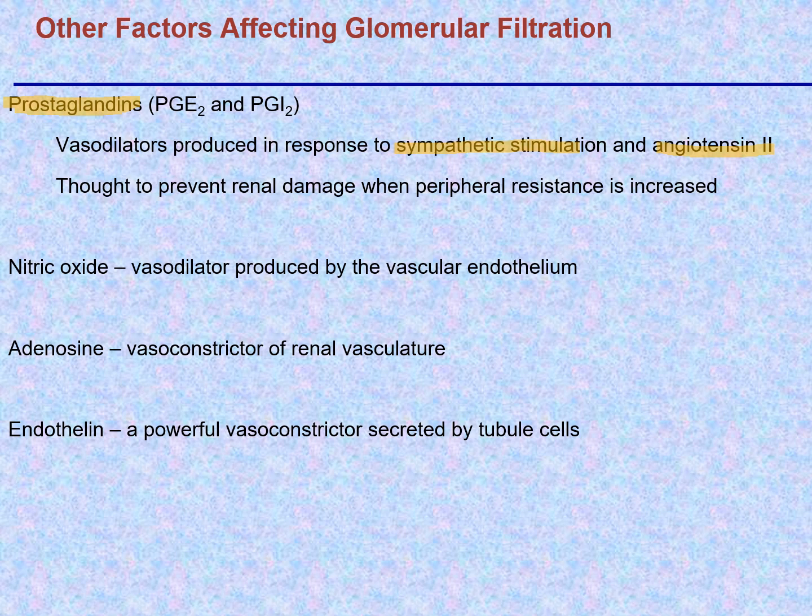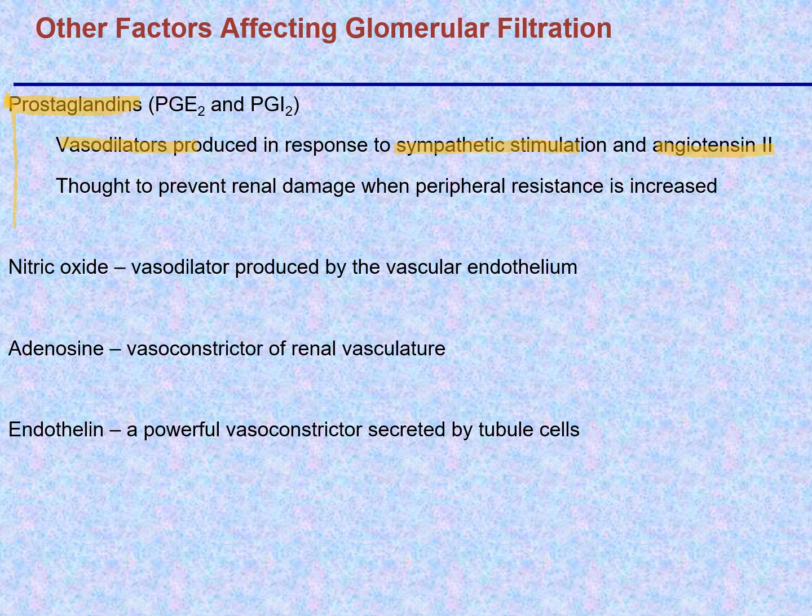They can help prevent renal damage if the peripheral resistance is increased. When peripheral resistance increases, the resistance of the blood vessels, the pressure can get too high, so systemic vasodilation is good.